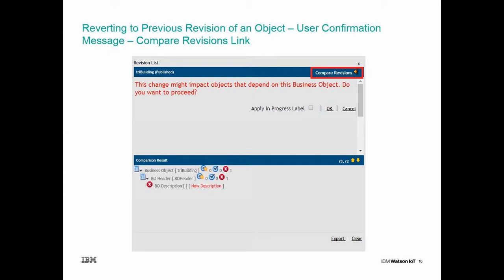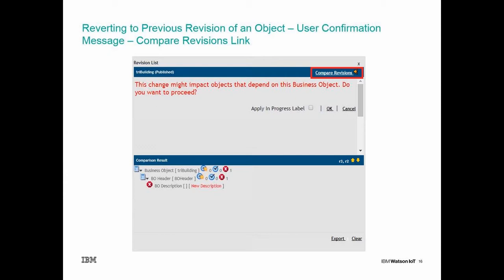In this example, we show the Compare Revision link, and this is also something that you can do on the user confirmation message. When you click this link, it will compare the latest revision of the object to the object being reverted to. Notice in this particular example there's a difference between my latest revision and the one I'm going to.